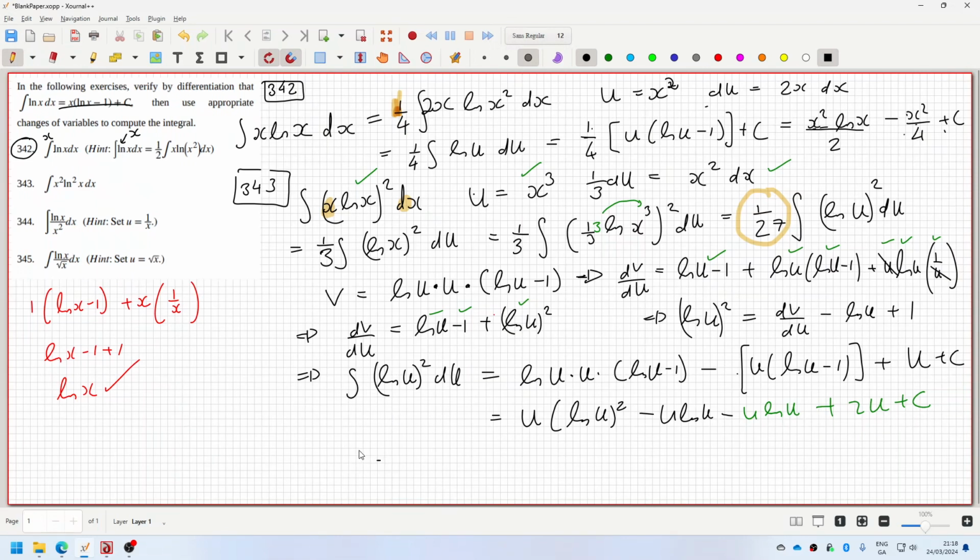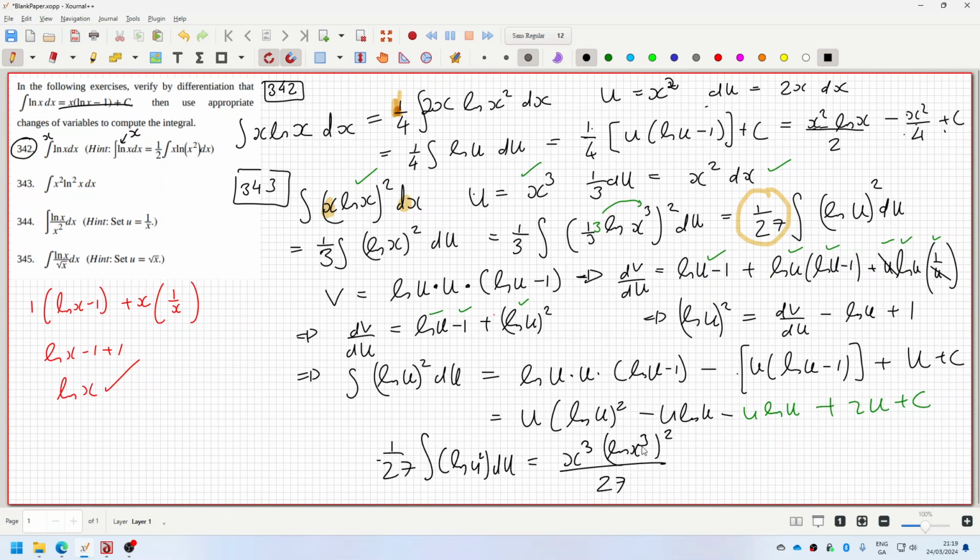So then if I put in the 1/27 of the integration of log u squared du, then this would be over 27, and the u, I've lost what the u is, x cubed. So that'd be x cubed over 27, and that would be log x cubed squared.